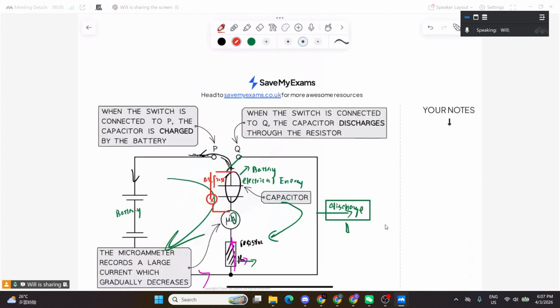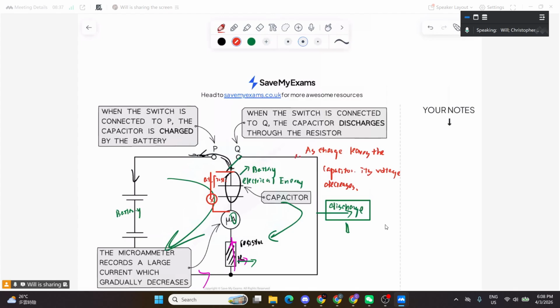As the charge leaves the capacitor, its voltage decreases, right? Understand that?